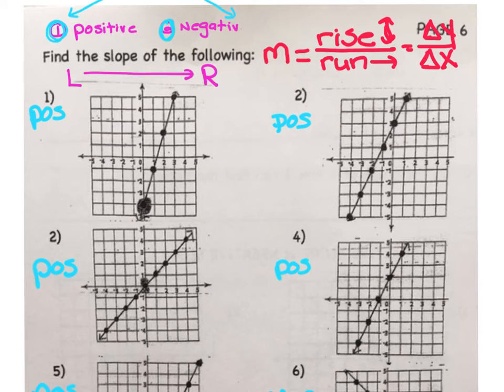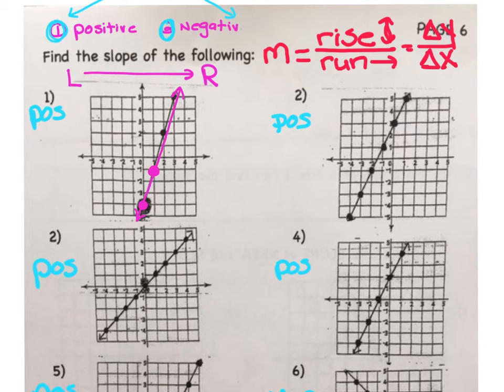Let's focus on number 1. Remember, it's a positive slope, and here is the line that we're looking at. Take the point furthest to the left and mark it. Then, moving up the line, mark the next readable point.